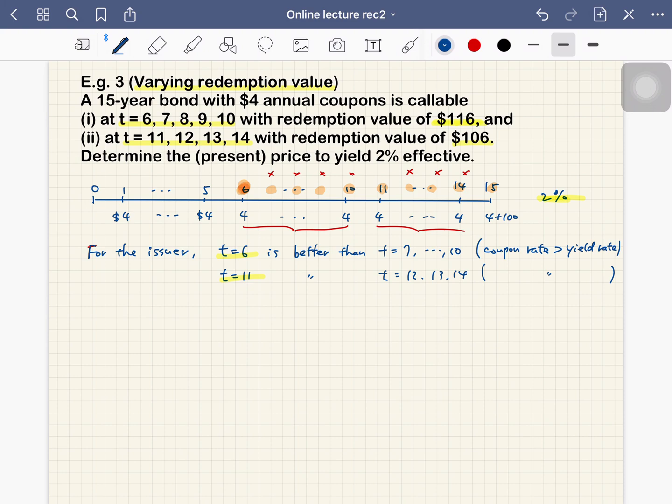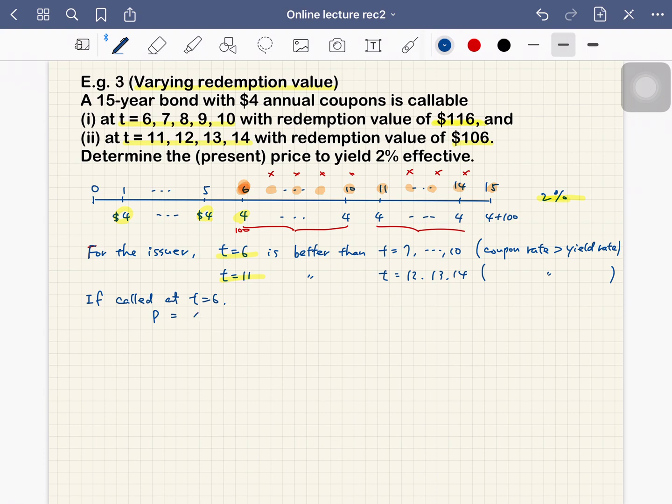So if called at 6, what's the present value? We have $4 six times and redeemed at 6. So we have this timeline: 4 times $4 plus $100 at time 6.